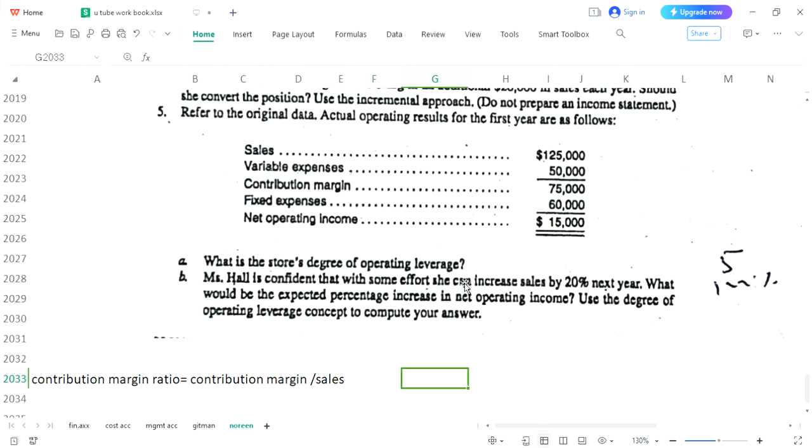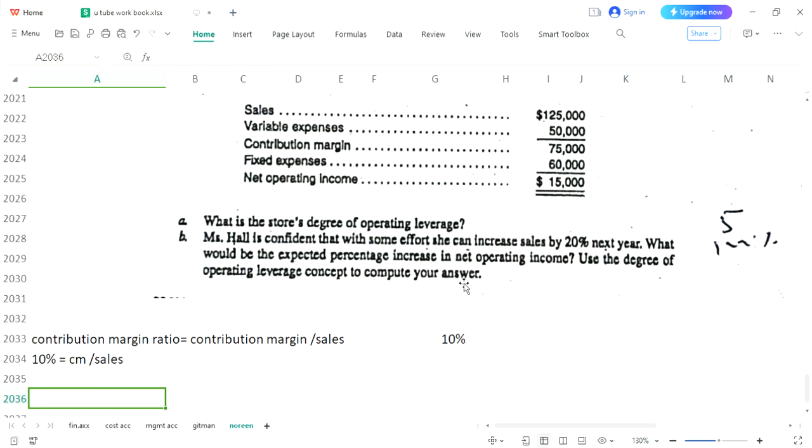Let's say the answer of this formula is 10%. What does it mean? It means contribution margin is 10% of sales. So let's say that 10% is your answer, CM over sales.